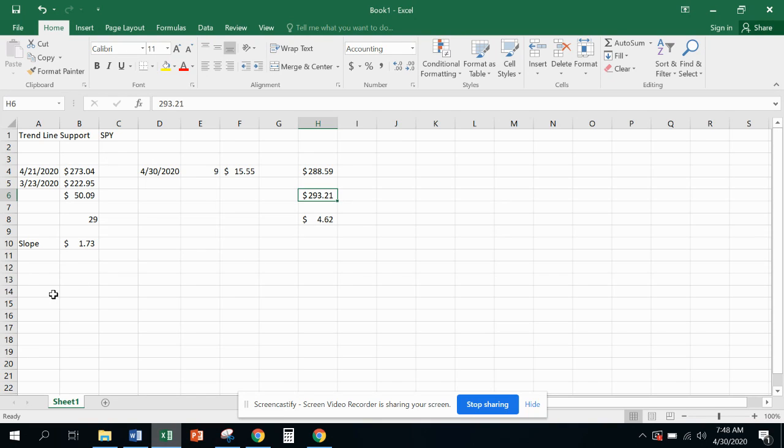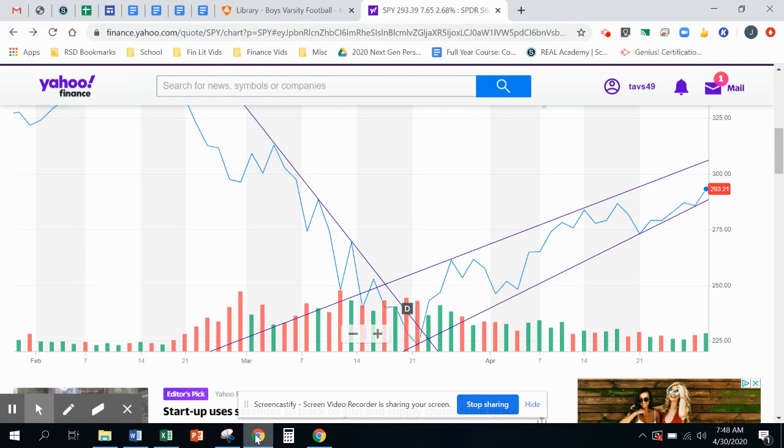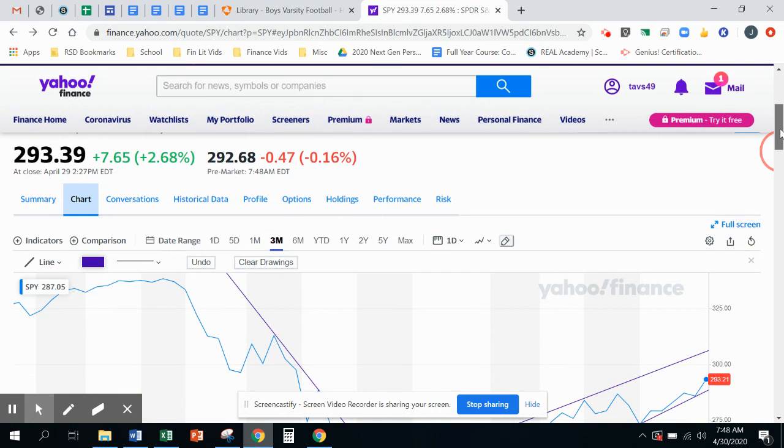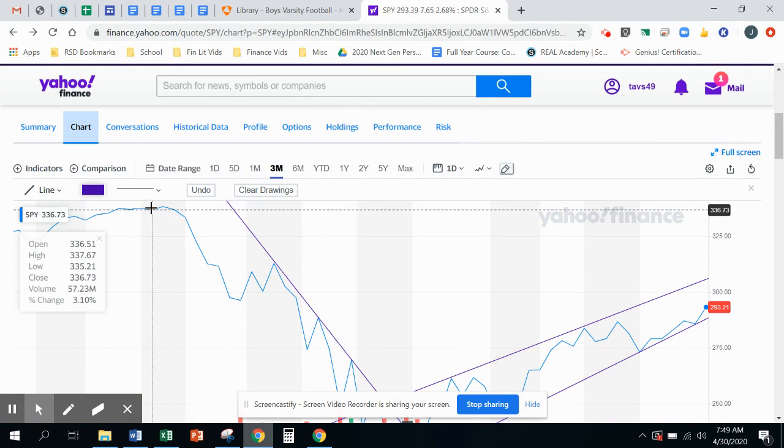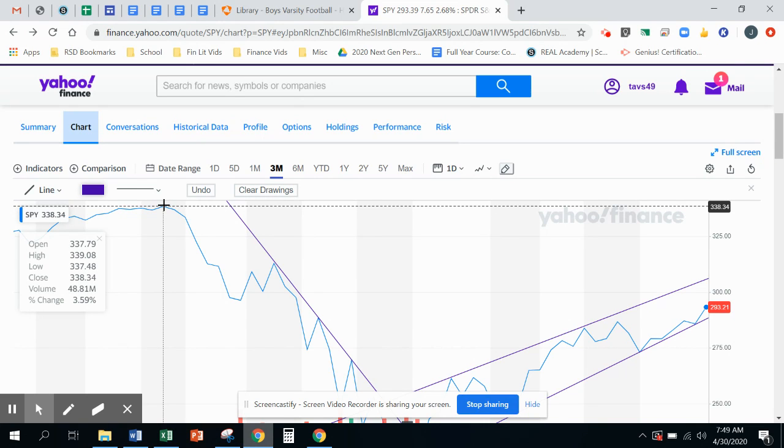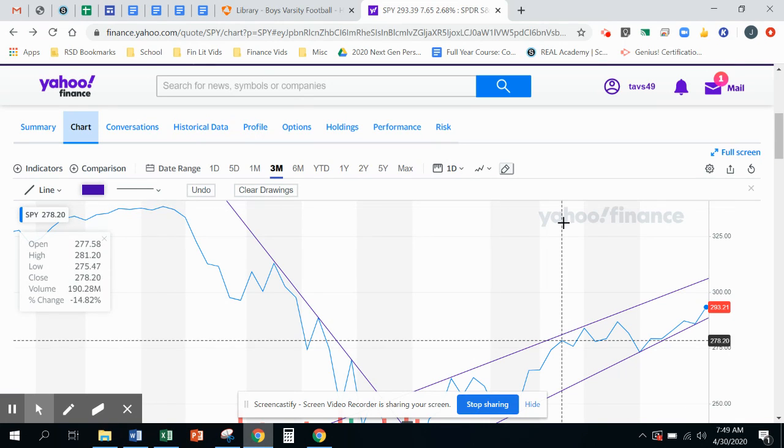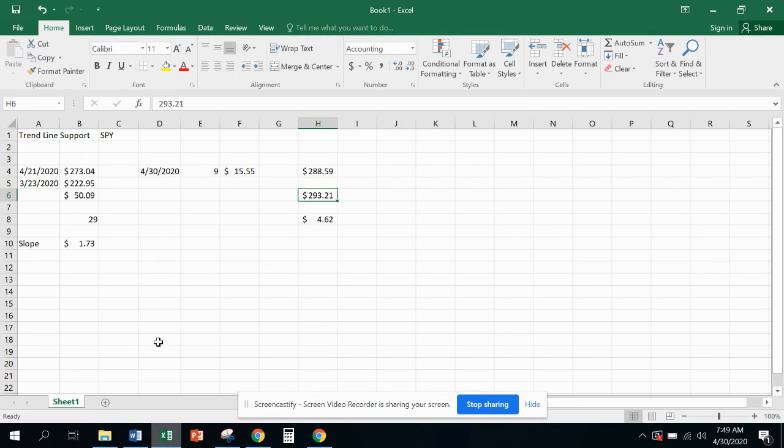But there's something called a Fibonacci retracement. Fibonacci retracement is basically how far did we fall, and then how much are we bouncing. So if we look at our peak of 338.34, let's come back here. I'm going to do our retracement. We had a high of 338.34. We hit a low of 222.95.